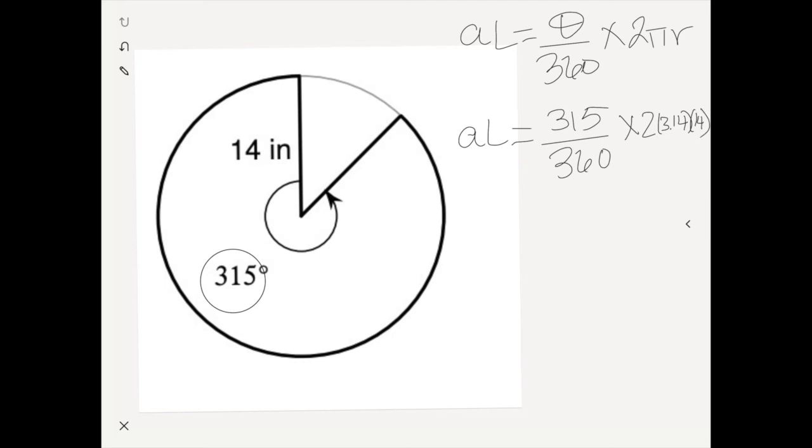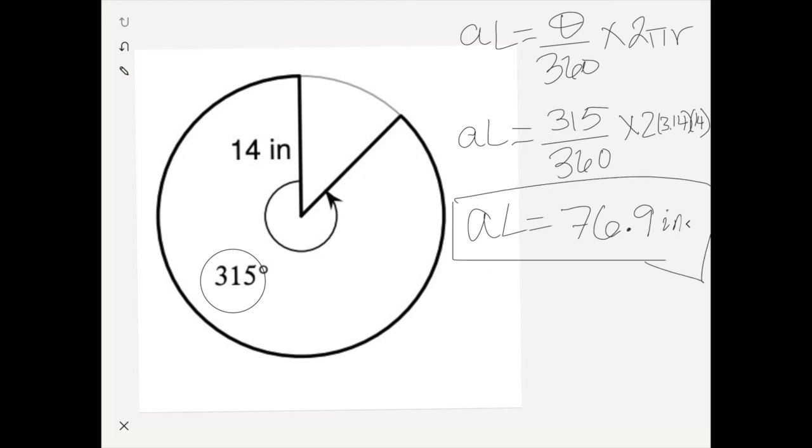I'm going to put all this in the calculator. First I'm going to do 315 divided by 360, get that decimal, multiply it times 2, times 3.14, times 14. And I have 76.9 inches. So that's my arc length. So that is arc length.